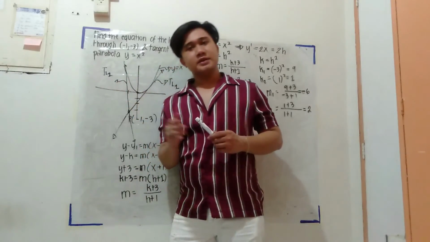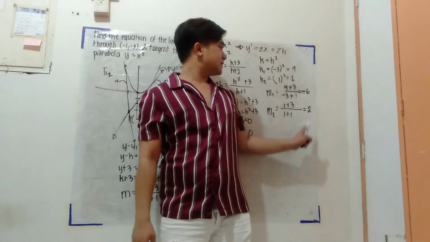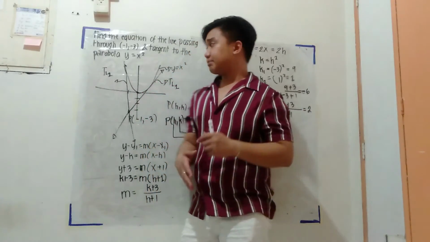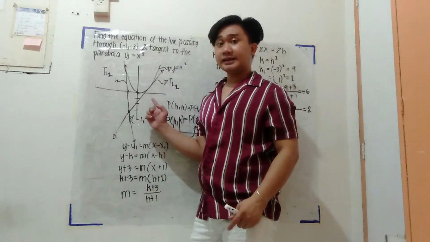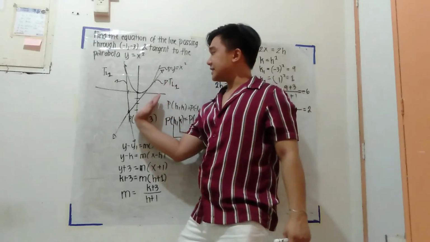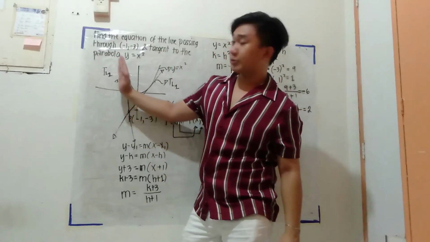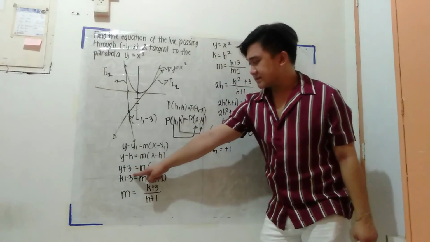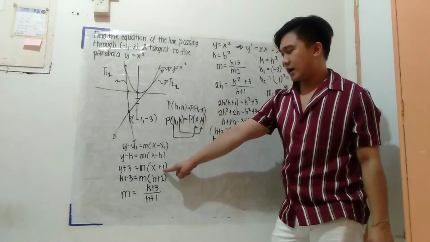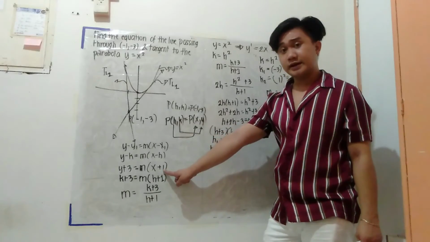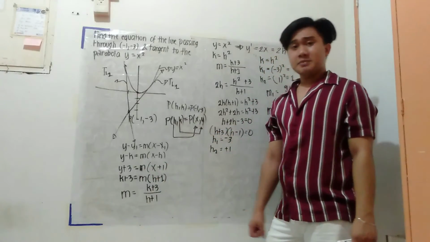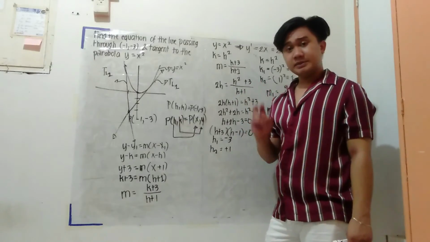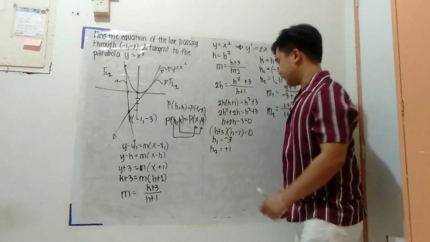Leftward. Okay? So nakuha natin isang positive, isang negative. So, at some point, tama yung assumption ng drawing natin na meron tayong equation na isang papunta dito at isang papunta dito. So, using this one, y plus 3 equals m times (x plus 1), may value naman tayo ng m, makukuha natin yung dalawang posibleng equation ng lines natin.